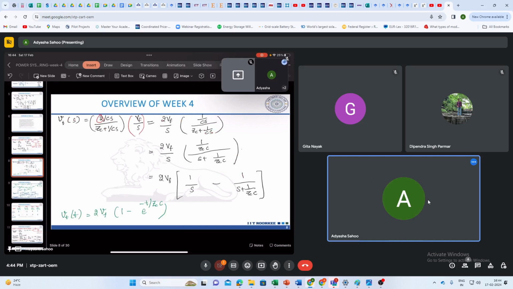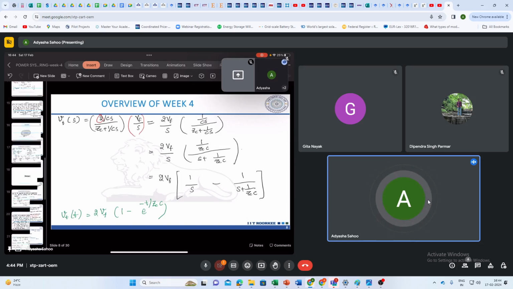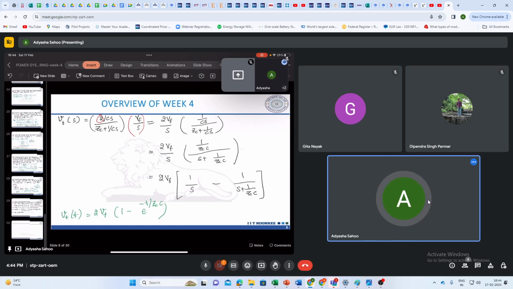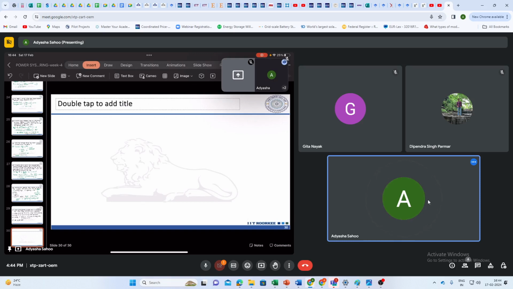So this V transmitted was 2 VF into 1 minus e to the power minus t by ZC times C. So basically the voltage across this capacitor is the same as the transmitted voltage expression, that is 2 times the incident voltage into 1 minus e to the power minus t by ZC into C.